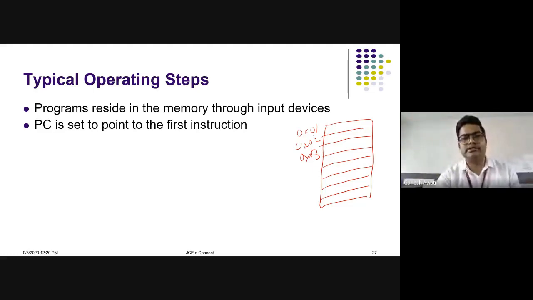So for simplicity, understand it like this. The program counter will point to the first instruction of our program. Suppose my first instruction is add R0, R1. So this will be stored here. So the PC will be pointing to the first instruction.